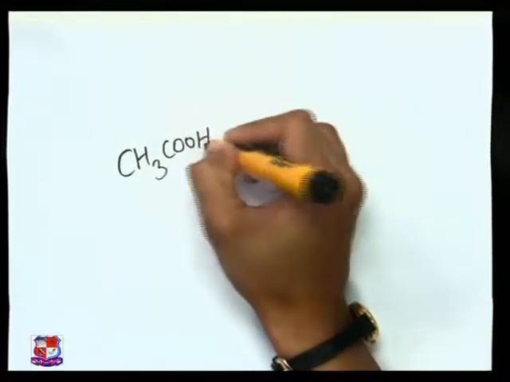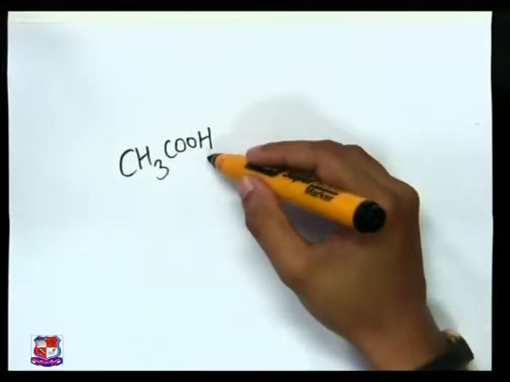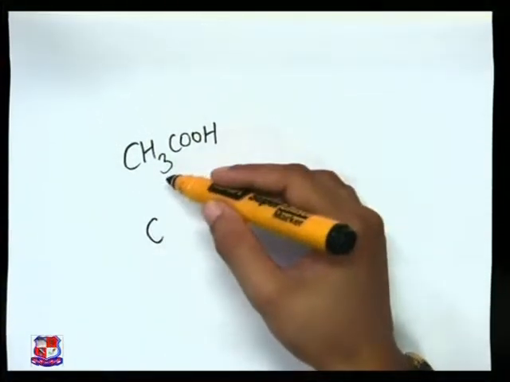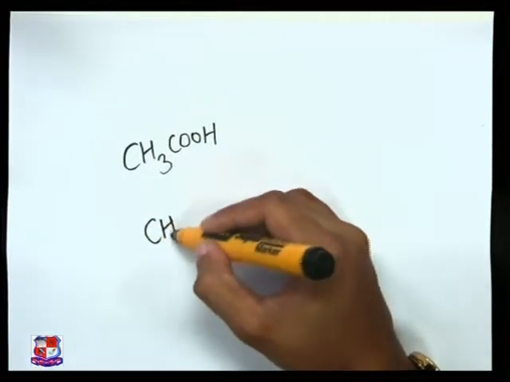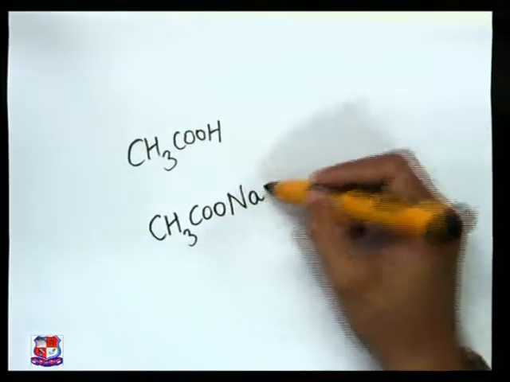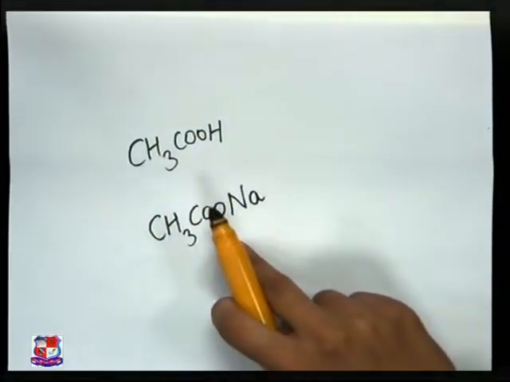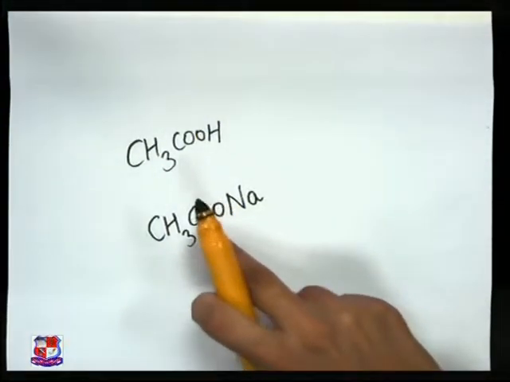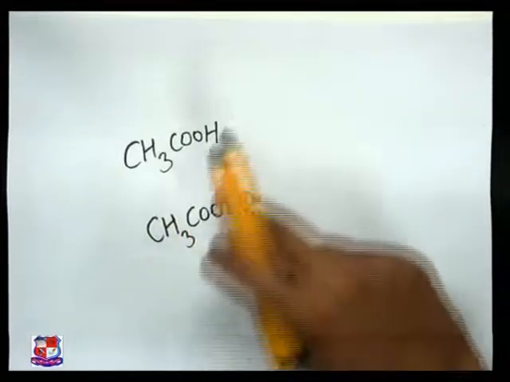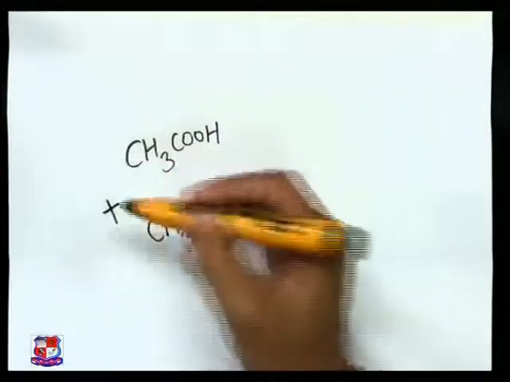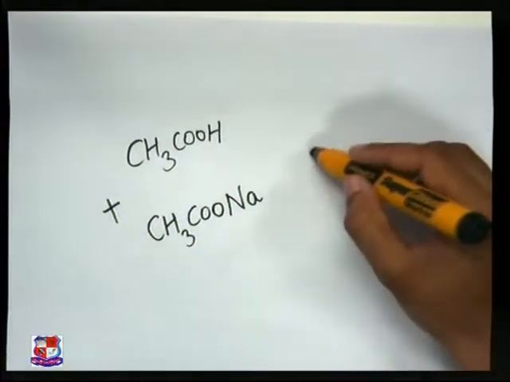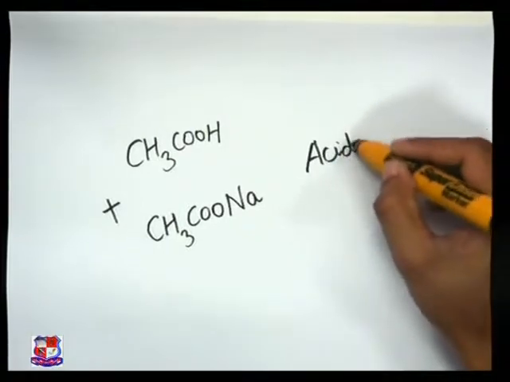Now what it says is mixing the weak acid with the salt formed by that weak acid with the strong base. It means you are mixing it with CH3COONa salt. And this salt, how is it formed? It is formed by mixing your acetic acid and your strong base, that is sodium hydroxide. So these two mixed together are your acidic buffer. Okay, it is the example of your acidic buffer.